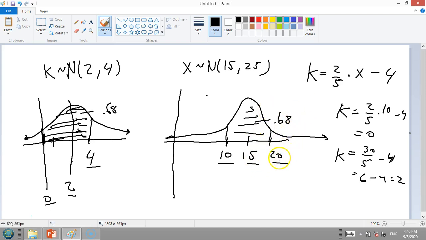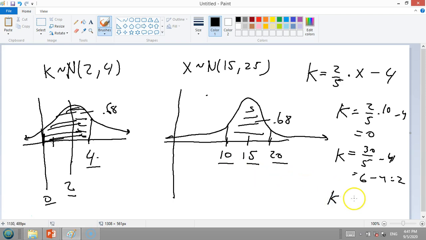And lastly, last but not least, 20 should become a 4. How would you do that one?